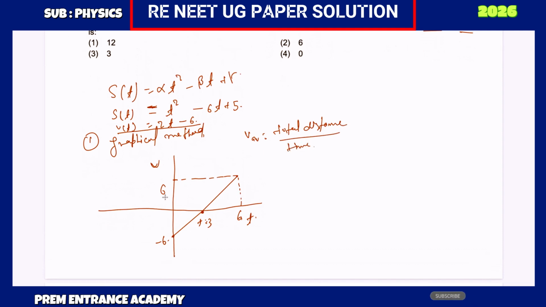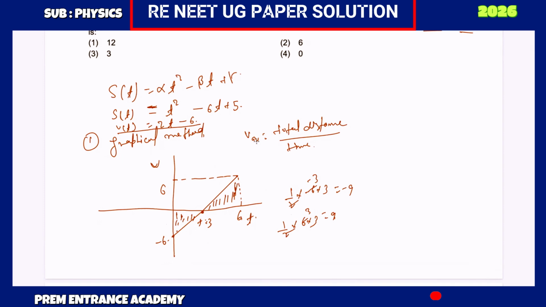Since this is a V-T graph, the distance will be found through the area of this section and this section. The area of this section is a triangle, so 1/2 × (−6) × 3, that will be −9. The area of this section is the same, 1/2 × 6 × 3, which is 9.